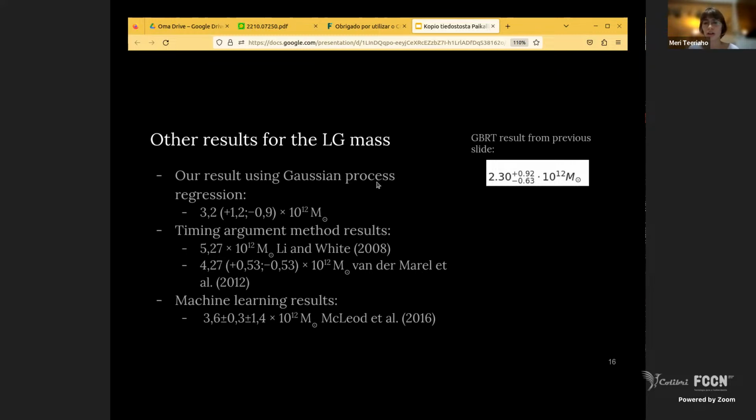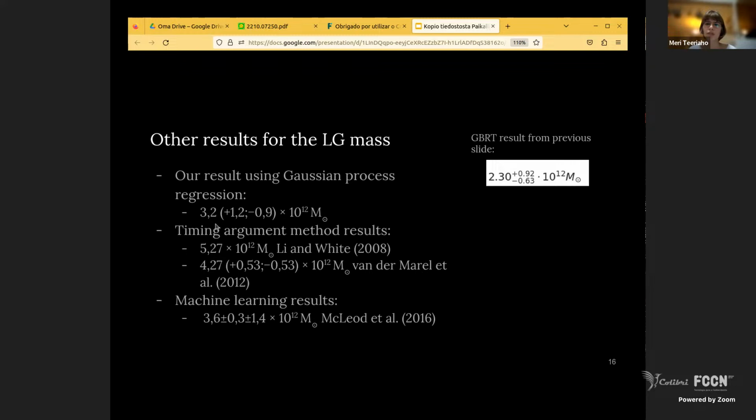But actually in our paper, we use a Gaussian process regression algorithm. And from that algorithm, we got this value, 3.2 times 10 to the 12 solar masses. And it's higher than the gradient boosted regressor 3 result. And then some other results.